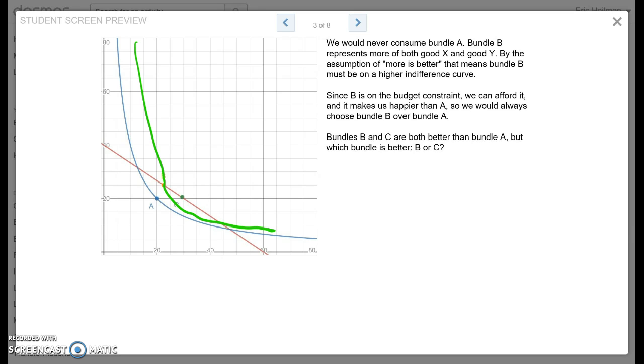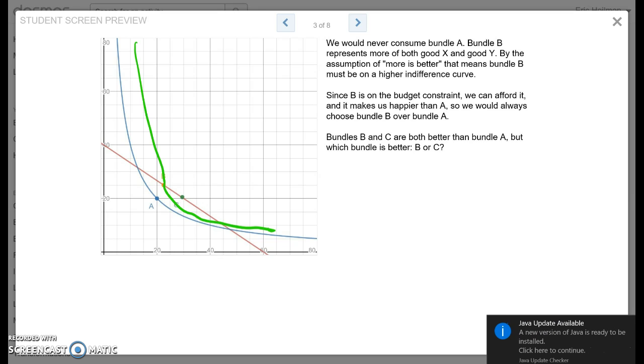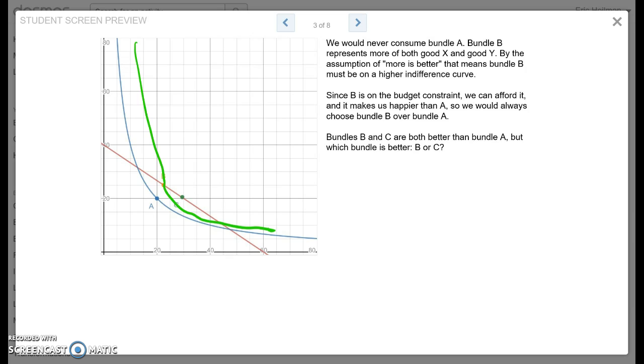That's higher than the blue indifference curve, so the person is better off. Remember, higher indifference curves mean better off. So the person could consume point B, which is on the budget line, so it's affordable, and that would be better than point A.